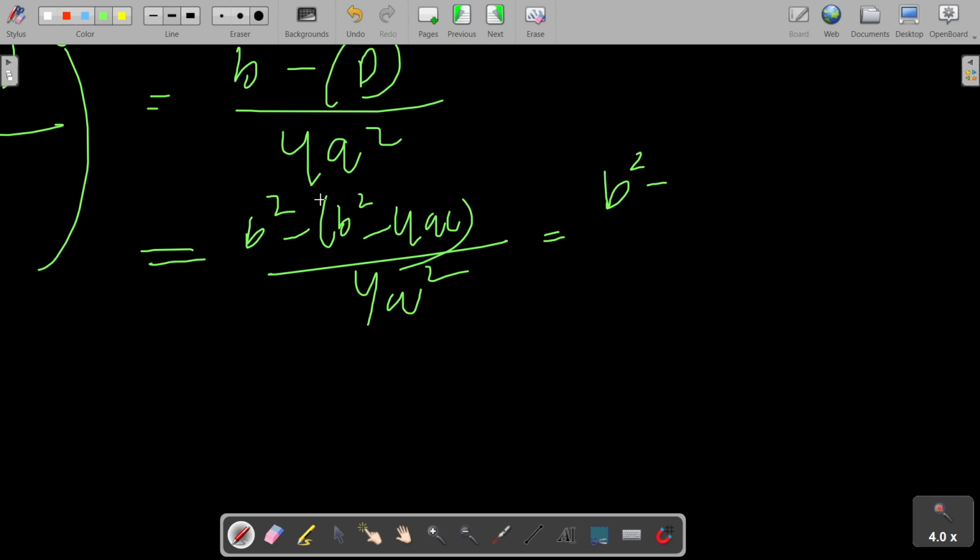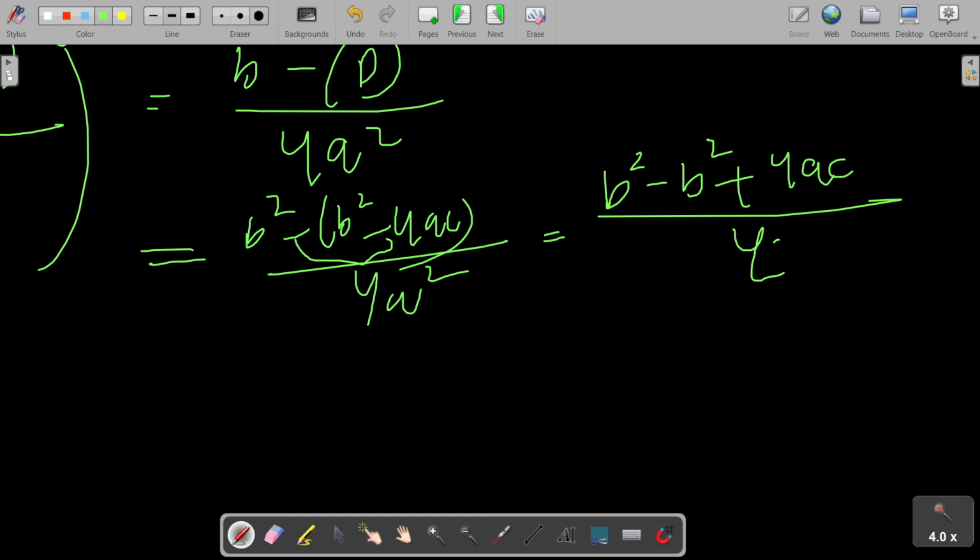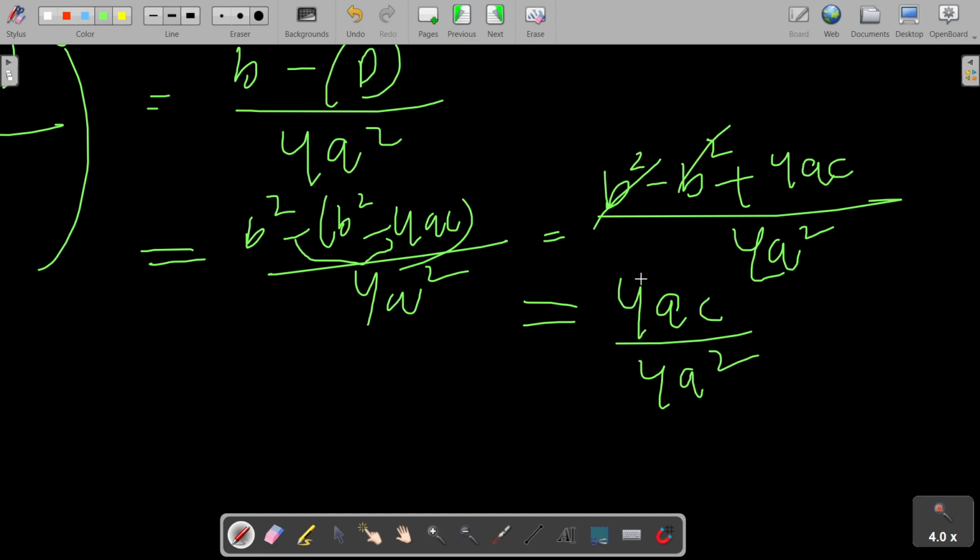Plus into minus is minus, so this becomes minus b square, and minus into minus is plus 4ac over 4a square. B square gets cancelled. We are left with 4ac over 4a square. 4 gets cancelled, a and one a gets cancelled. I am left with c over a.